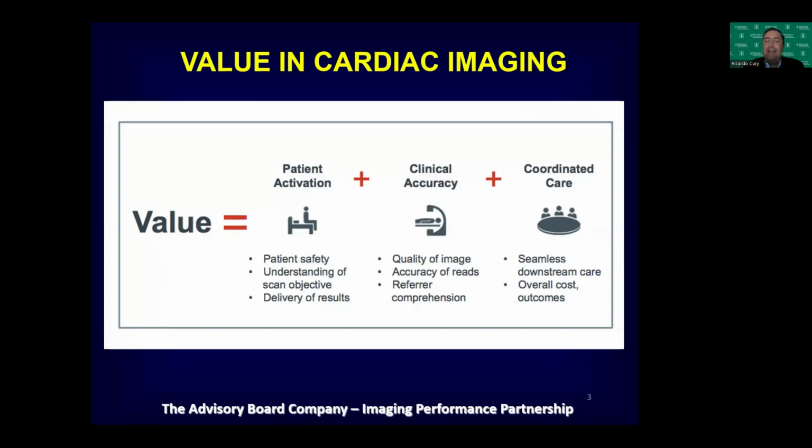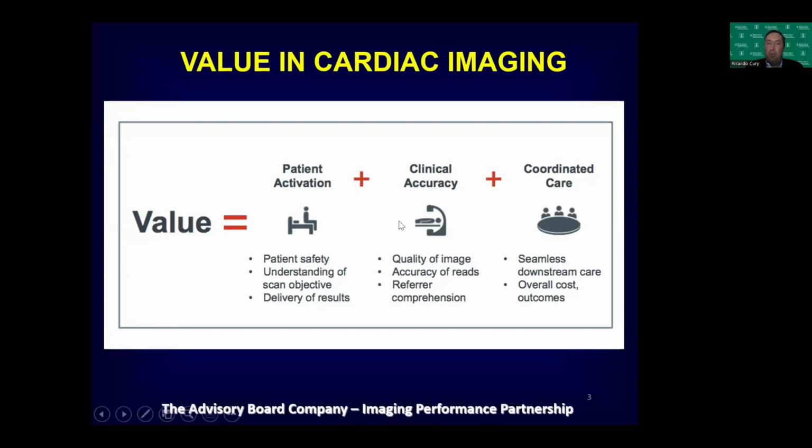Valuing cardiac imaging really started back in 2015, when we realized that the value of cardiac imaging is more than generating a report. It's very important to have patient activation, patient safety, delivery of results, building clinical pathways, doing the right test for the right patient at the right time.